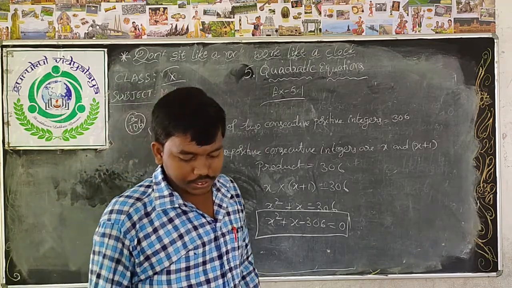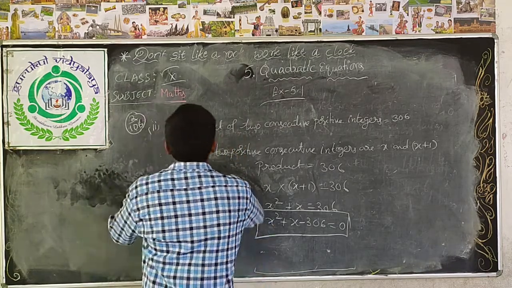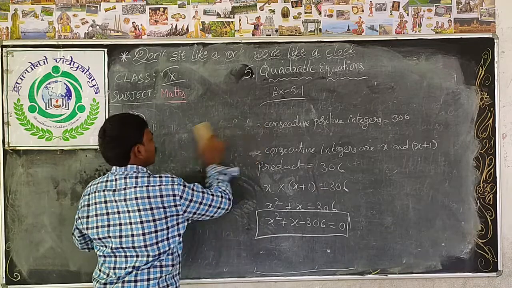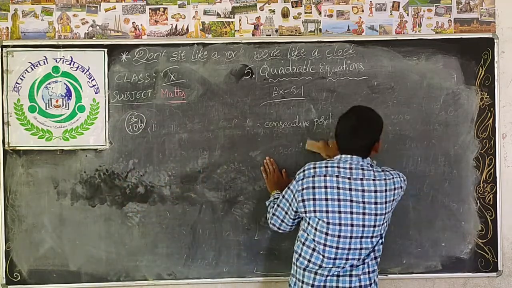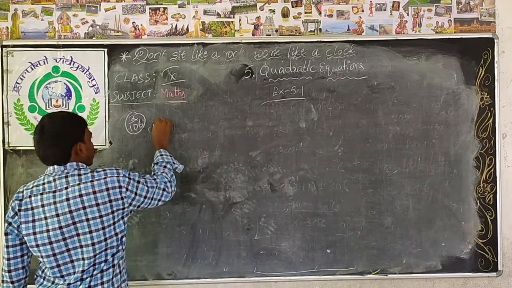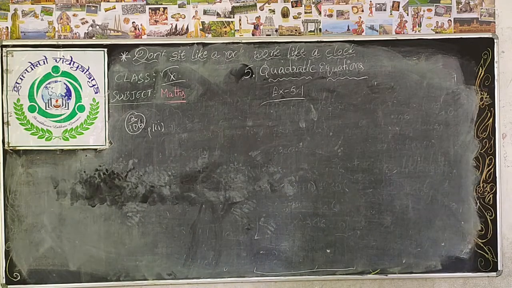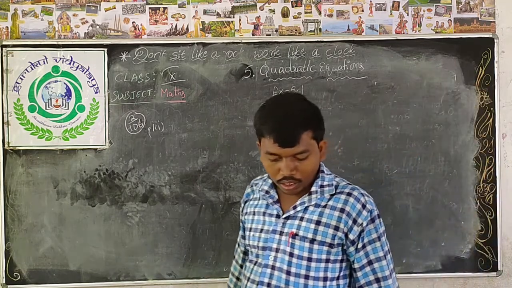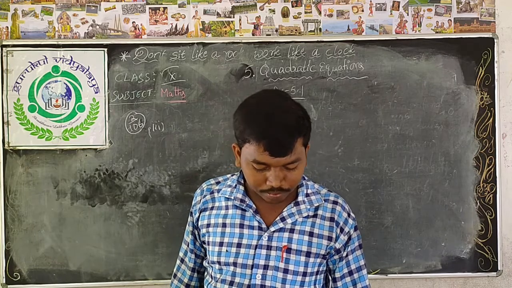Okay, next, the third problem, Rohan. Rohan's mother is 26 years older than him.